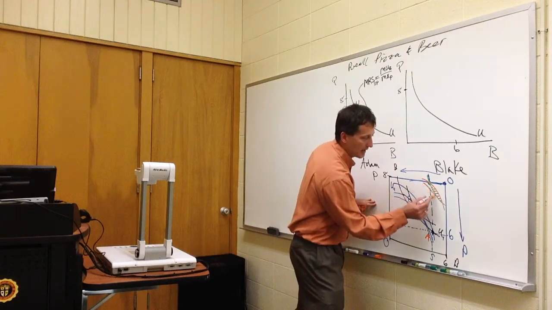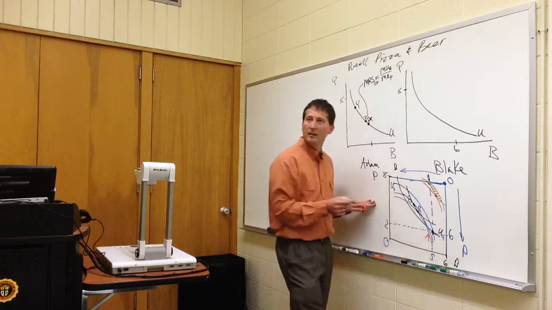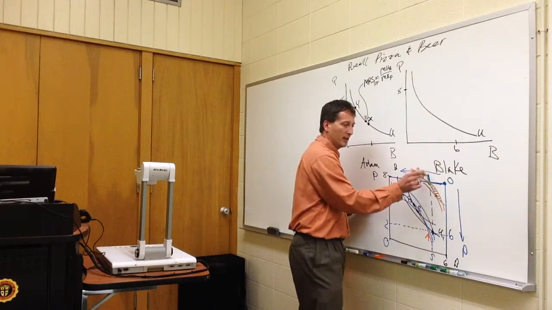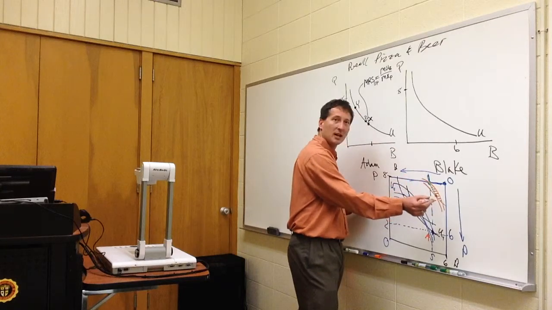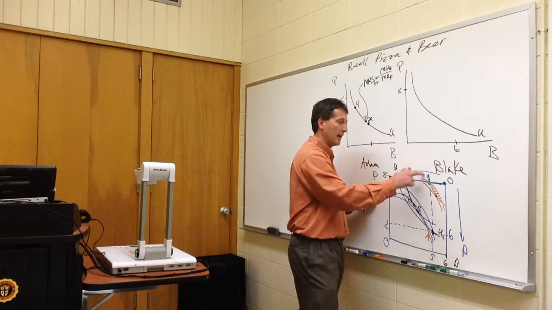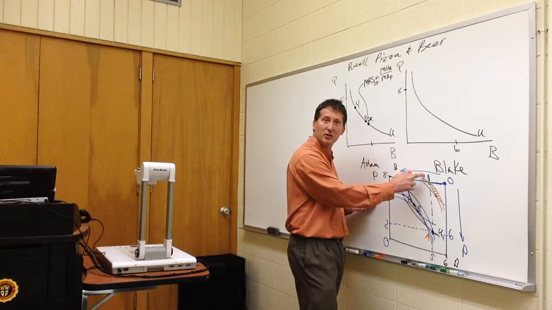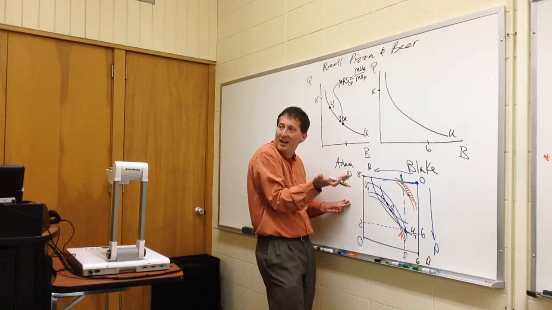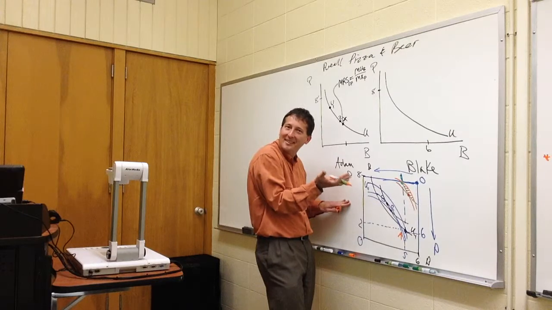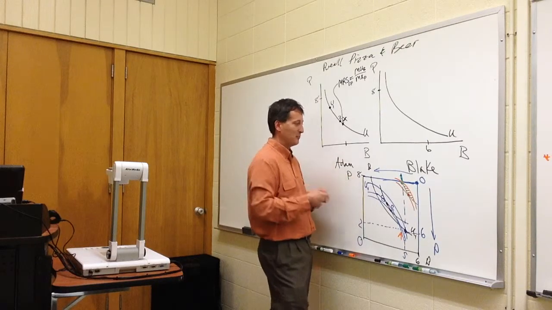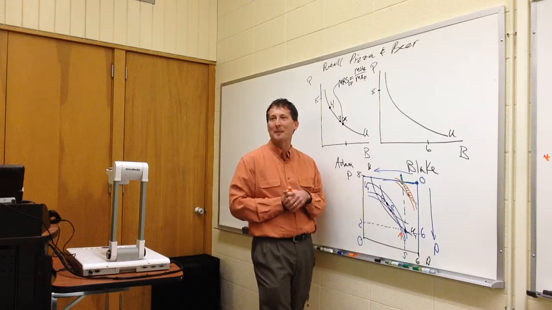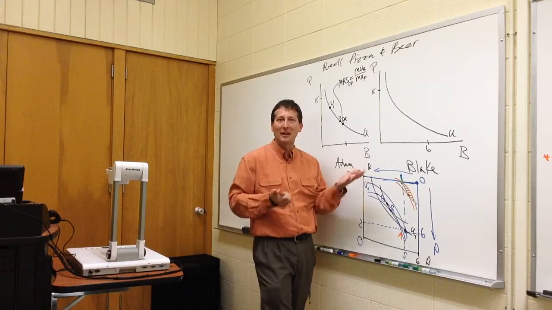Is this allocation fair? So I can make Blake a little bit better off without making Adam any worse off. Adam still owns most of the fridge. Is this allocation fair? Adam having most of the goods. Not really, right?